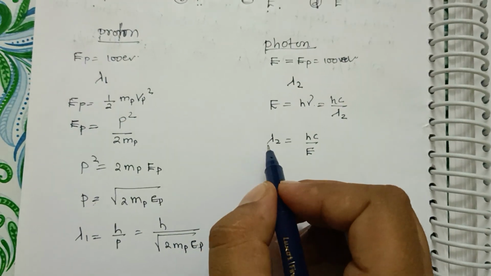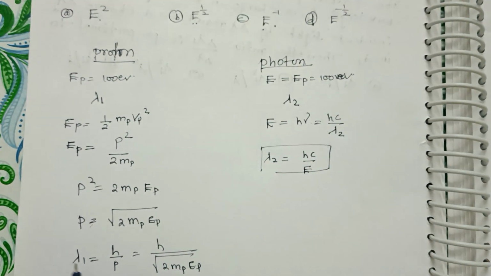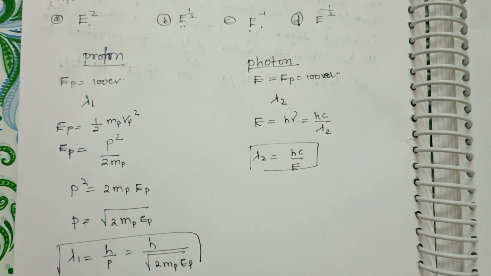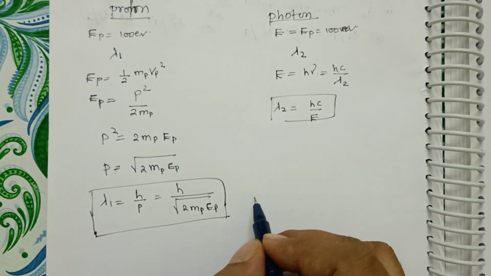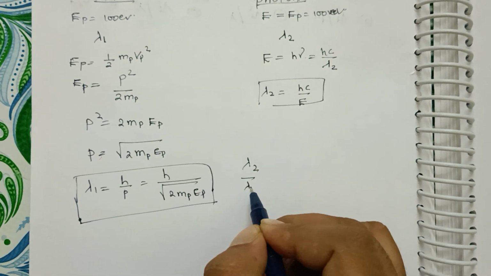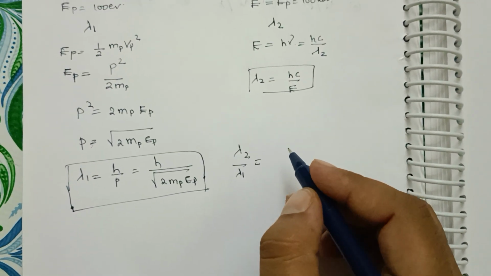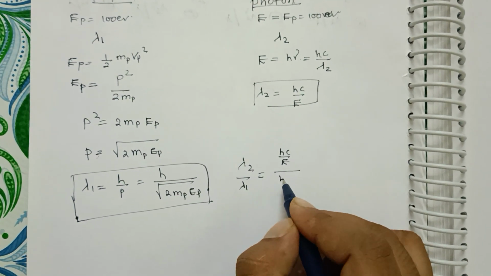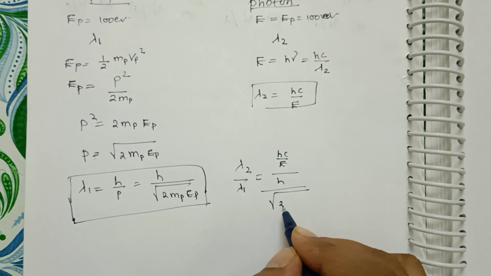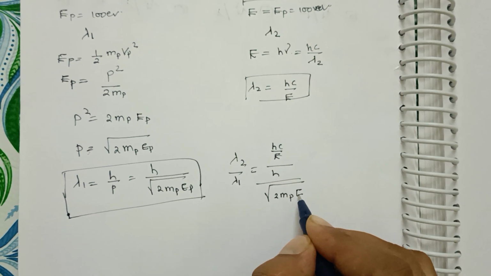So doing the ratio of both the equations, what he is asking us to find is lambda 2 by lambda 1. So please substitute accordingly. Lambda 2 is hc by E, lambda 1 is h by root of 2 mp Ep.